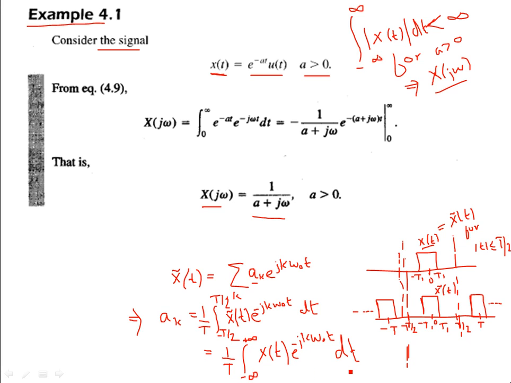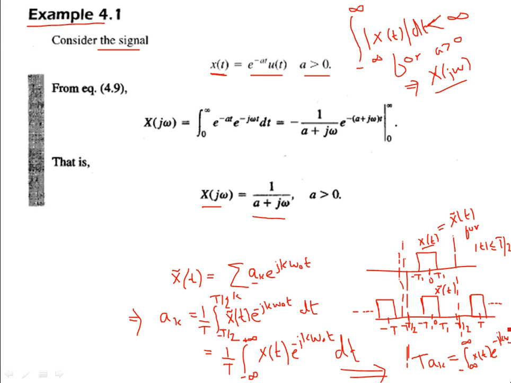Now this expression implies that T times a_k is the quantity that I have, the integral from minus infinity to plus infinity of x(t) e to the minus j k omega naught t, right?